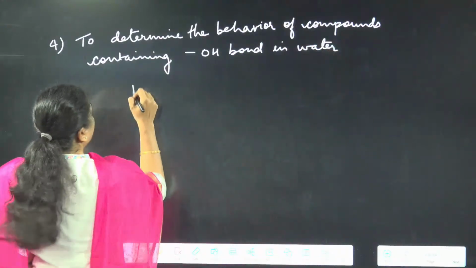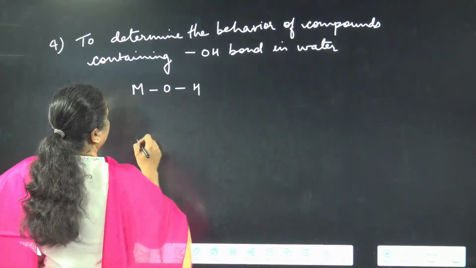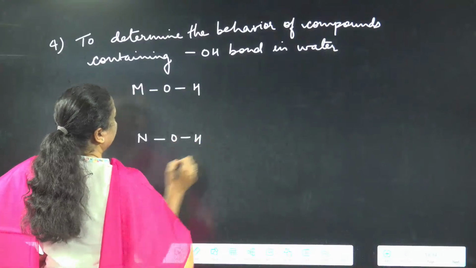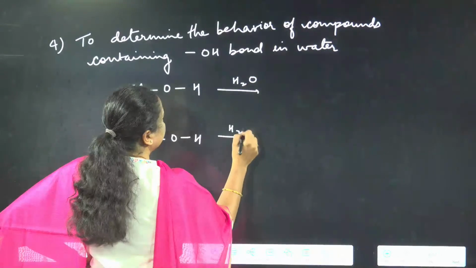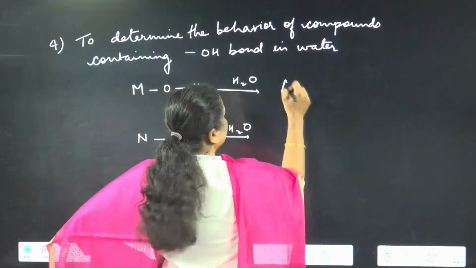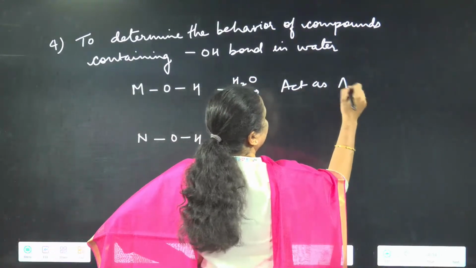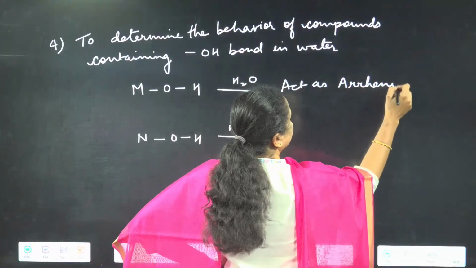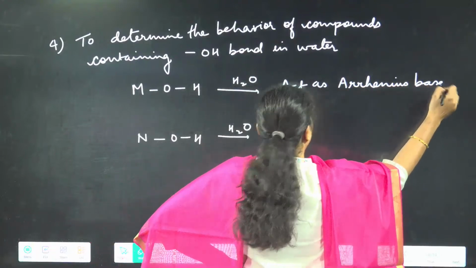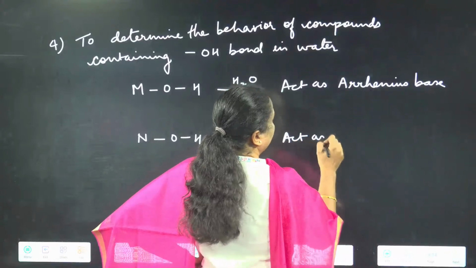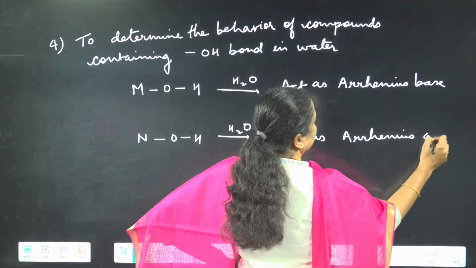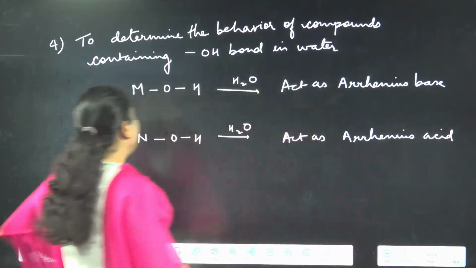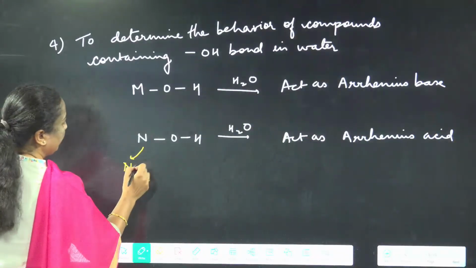Suppose I am writing MOH and NOH, in water. I am saying this acts as an Arrhenius base, and this acts as an Arrhenius acid. Now N represents a non-metal and M represents a metal.